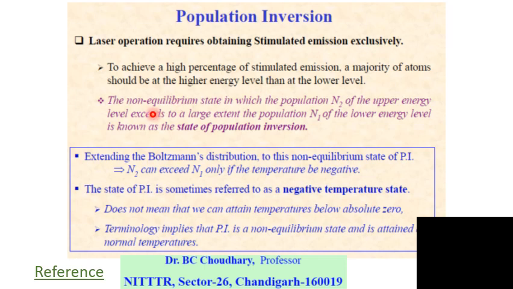But in equilibrium, we always have the majority of atoms in the ground state and very few atoms in the excited state. So we can't get stimulated emission in that condition. Therefore we should not be in thermal equilibrium.